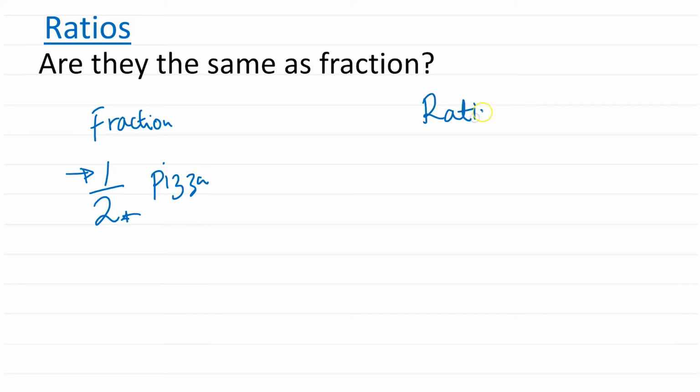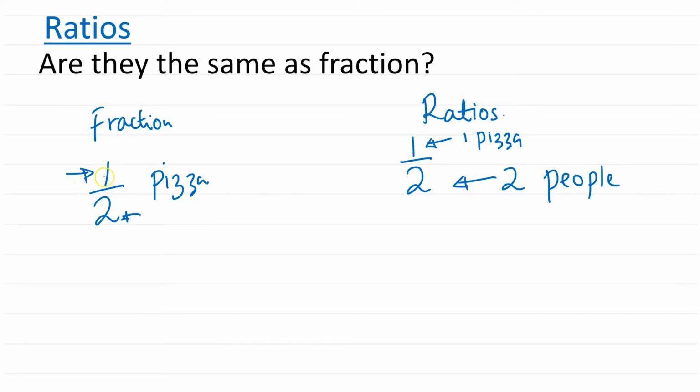So if I want to talk about ratios, sometimes a ratio can be represented as a fraction. So for example, we could write half again, but let's talk about pizza. So here, for example, we could say 1 pizza is being shared by 2 people. So now can you see the difference?